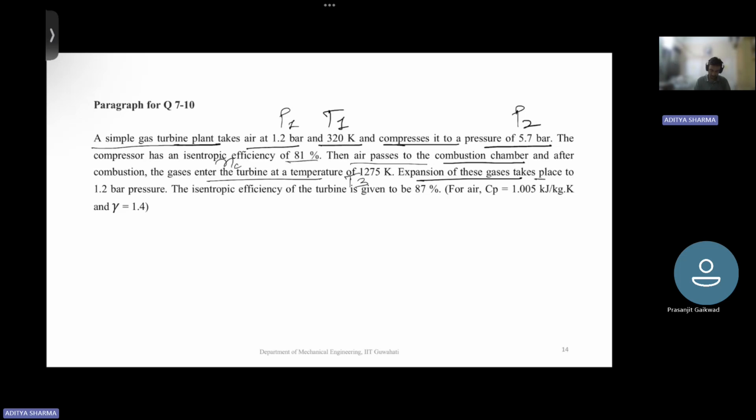Expansion of these gases takes place to 1.2 bar pressure. Okay. This is P4, right? So P1 and P4 are on your constant pressure line. Then the isentropic efficiency of the turbine, eta T, is given as this, Cp is this, gamma is this. So all these things are given.